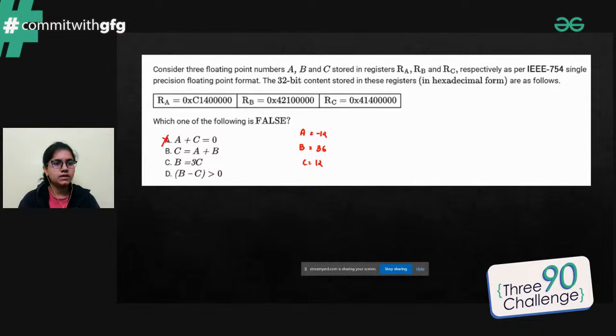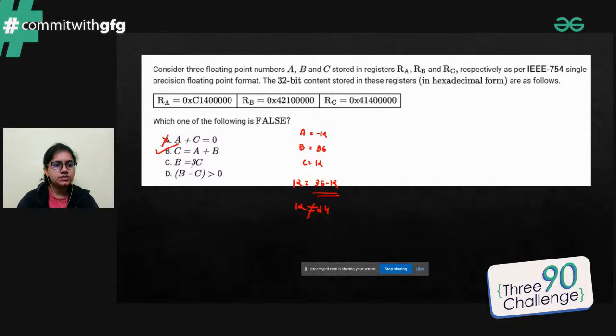For option C, 12 equals B minus C, so 36 minus 12 is 24. 12 is not equal to 24, so this is our answer.